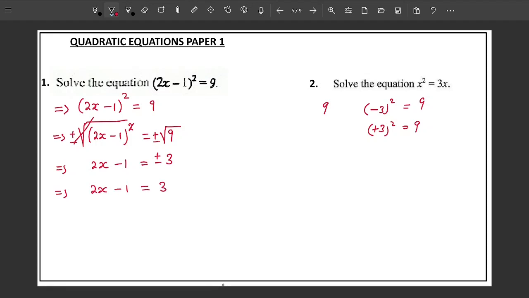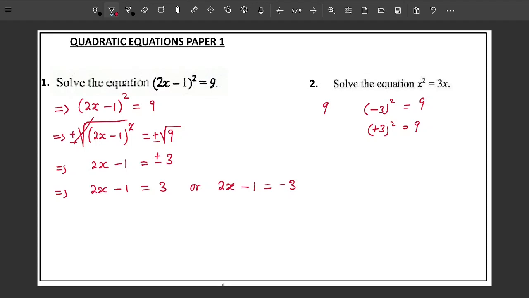I can't rewrite the plus here, because even when there's no plus, it simply means it's positive. So you carry the first statement: it's either 2x minus 1 is equal to positive 3, or 2x minus 1 is equal to negative 3. You pick now the negative 3 there.